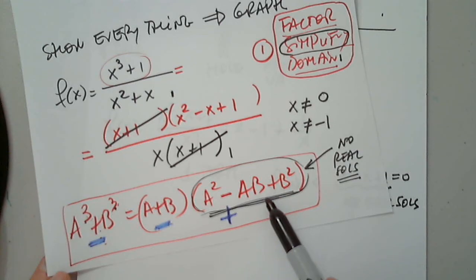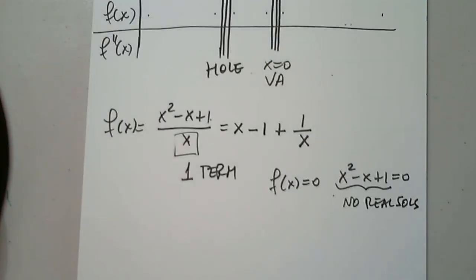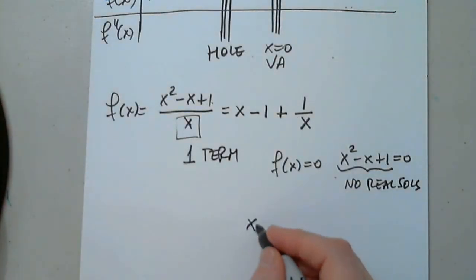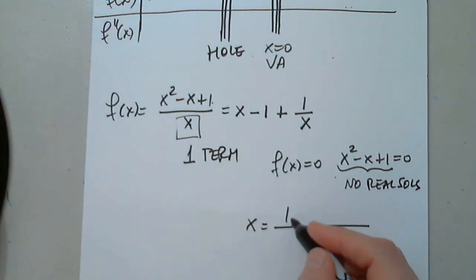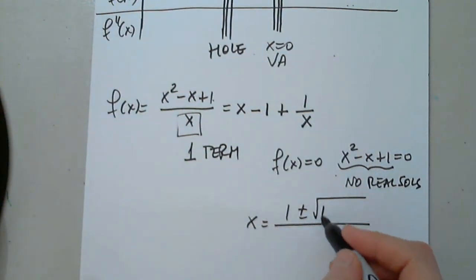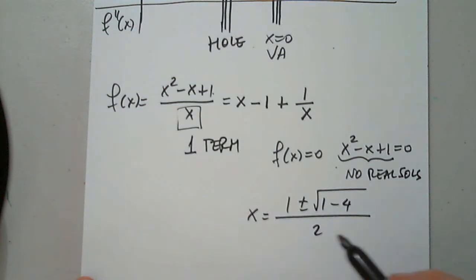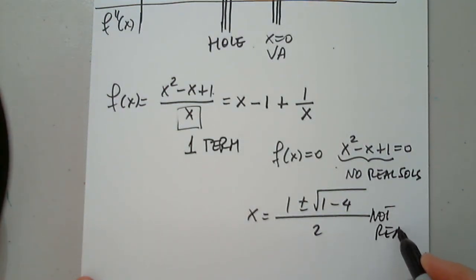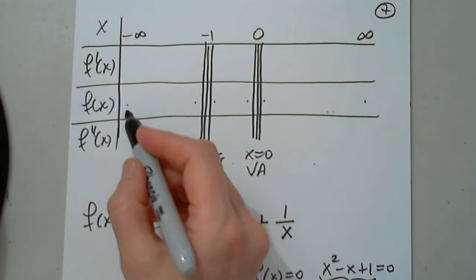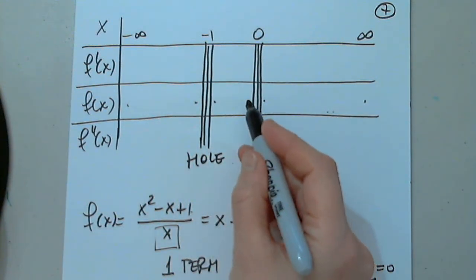So don't ever waste your time. We can write a quadratic formula and you see what happens. 1 plus or minus the square root of 1 minus 4ac over 2a. Not real. This is -3. So there are no x-intercepts, but I have to determine these limits.